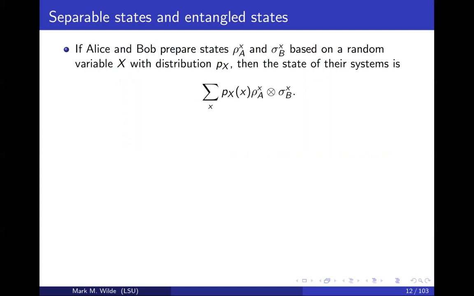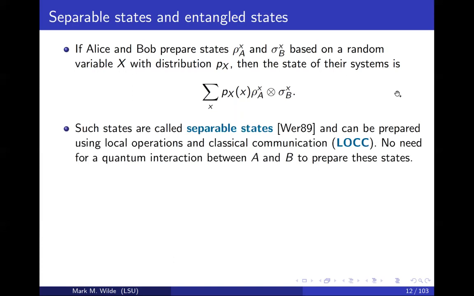Maybe you flip a coin: if you get heads, they prepare rho 0 and sigma 0; if the outcome is tails, they prepare rho 1 and sigma 1. That's an example, but the random variable could have more letters than just 2. If they do this, then the state of their joint system is a convex combination, or probabilistic mixture, of the individual states.